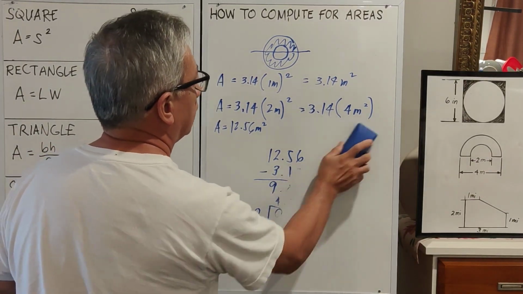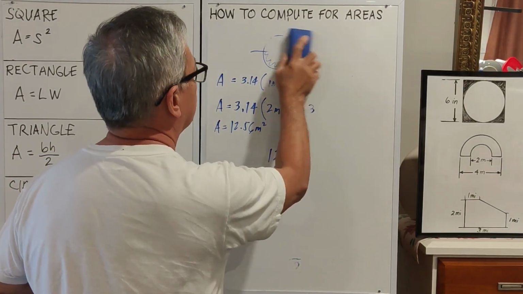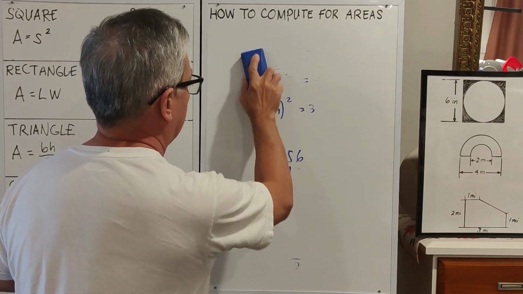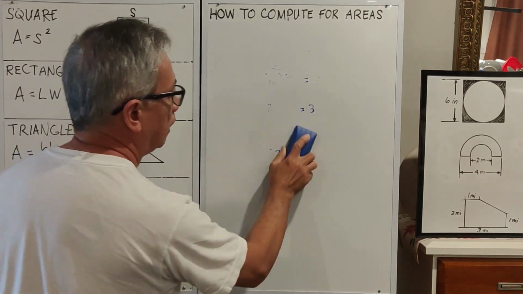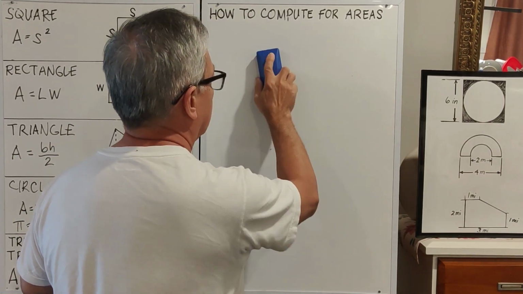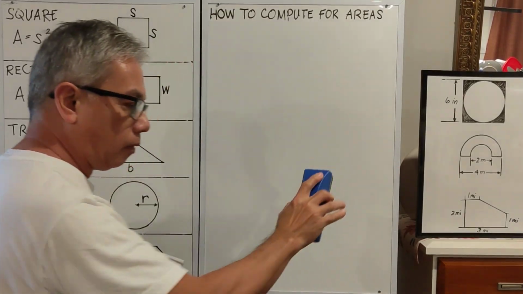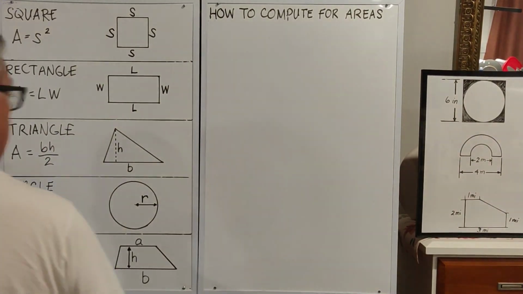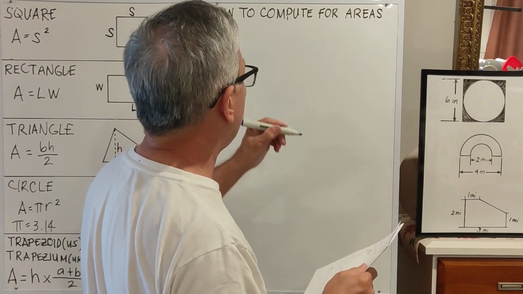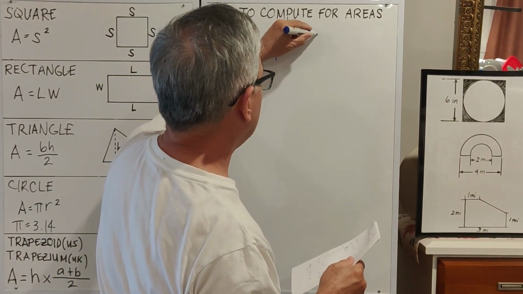So for the last example, we have a rectangle with a chop off on the side. So there are two ways that we can compute for the area.